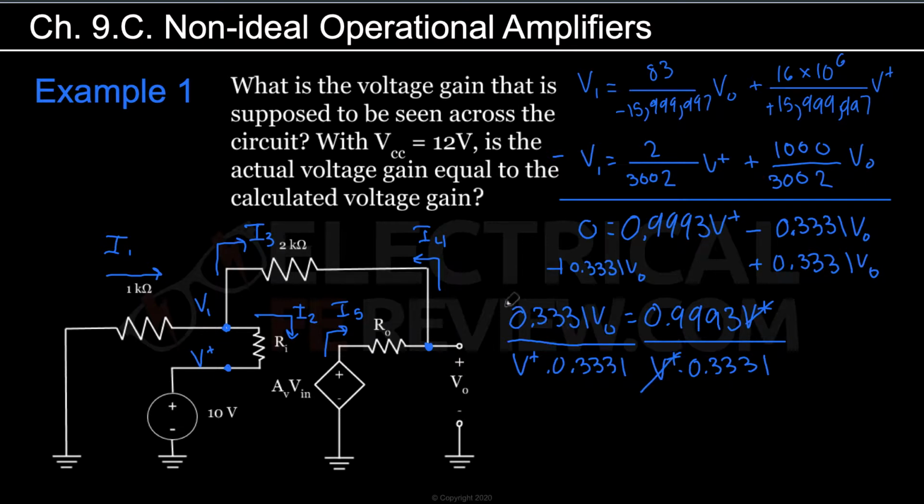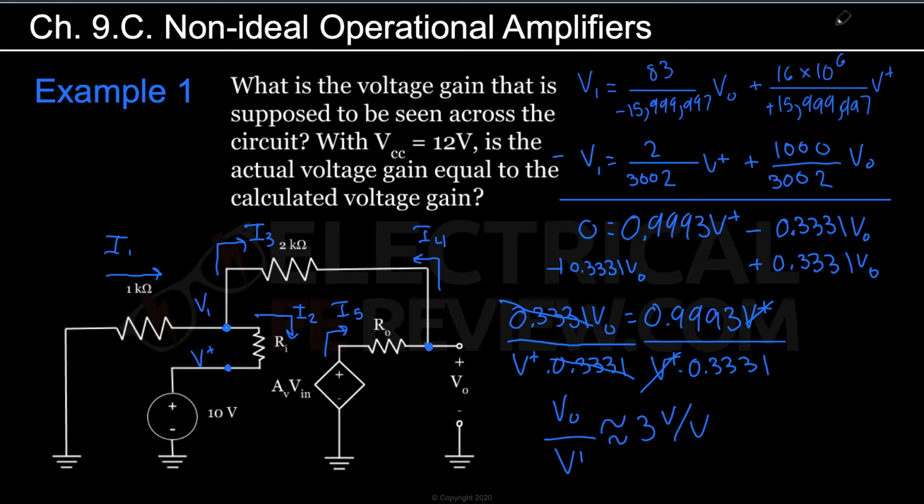Our 0.3331s are going to cancel out on this side. And what you end up with is V out over V plus, and that is approximately equal to 3. And so with this, our gain is going to be 3 volts per volt.